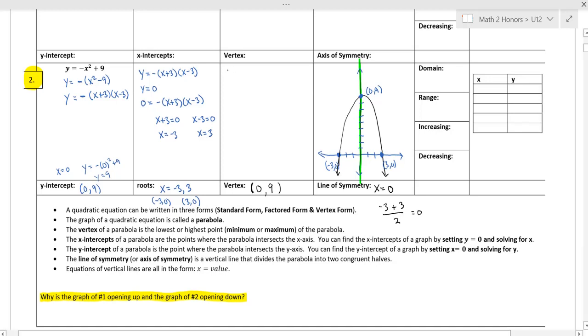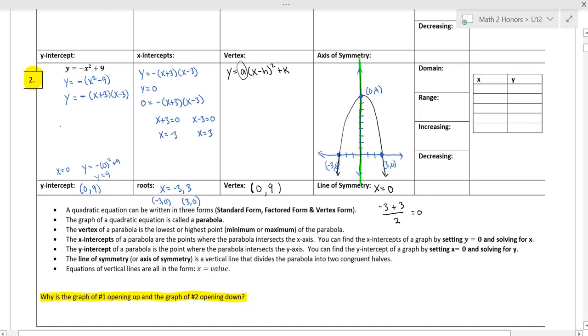Now vertex form looks like this: y equals a times x minus h squared plus k, where a here is the same as in standard form.